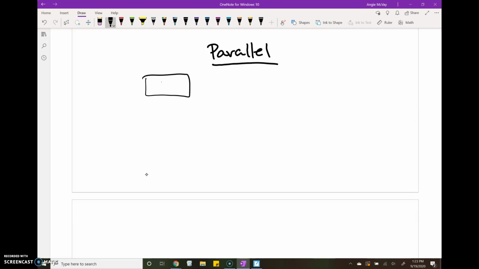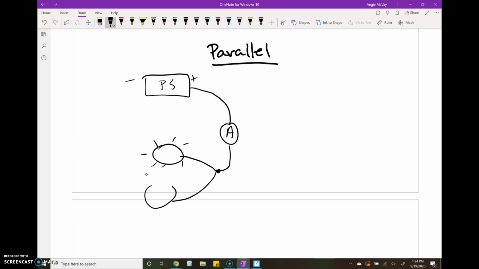Parallel, our sketch would look something like so. We'd have our ammeter, and then we'd have a little junction with our light bulb, and then another light bulb, and then they would kind of join at a spot.